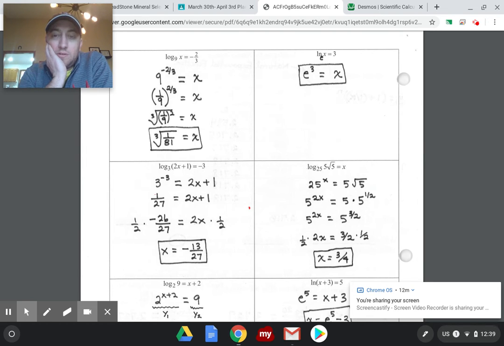I'm just going to talk about each one of these examples real quick. Mainly the idea with a logarithmic equation is, if you can't figure it out with a logarithm, the best idea is to try to rewrite it as an exponential equation and then solve your exponential equation from there.